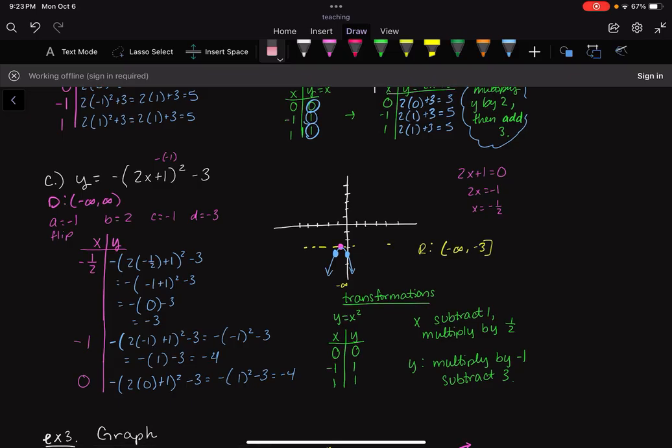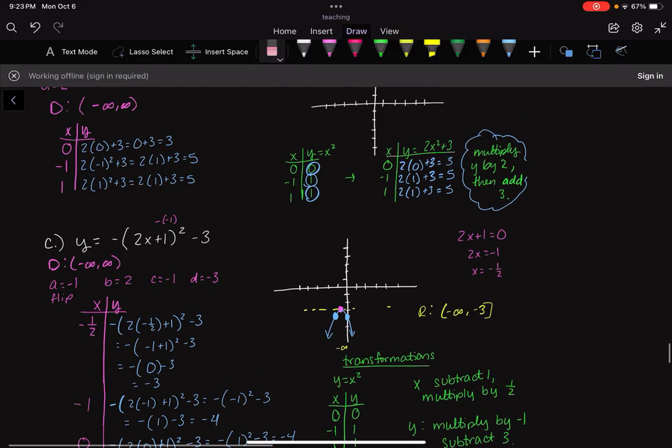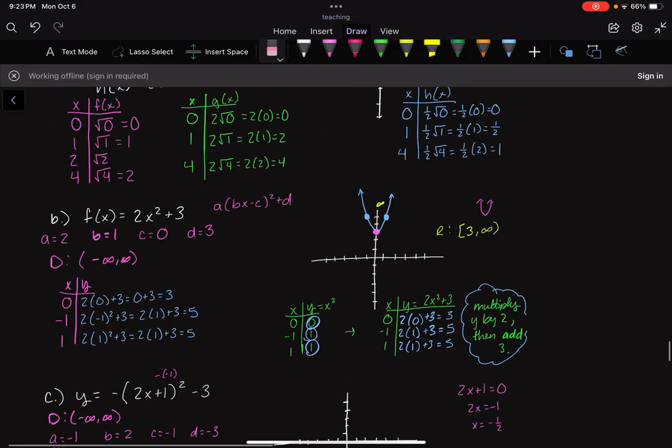So if we look at this one, you can see the vertex in there. If we look at part B, it's a little bit more visible because there is no b value, so I would rather work with this one. This form right here, let me use yellow, that's basically vertex form.